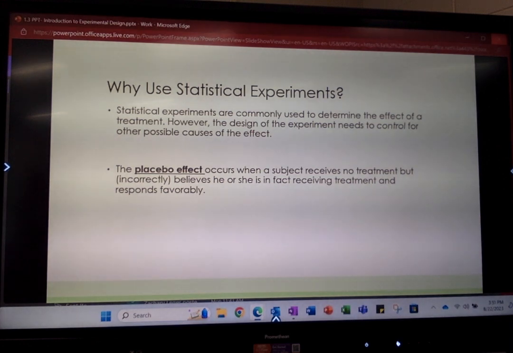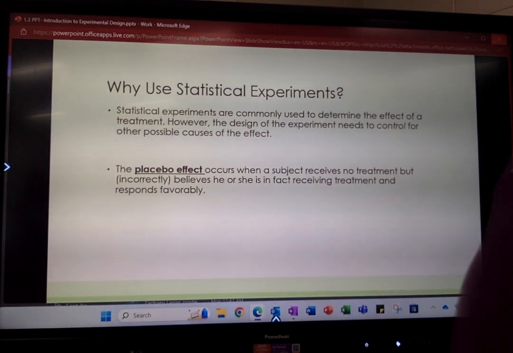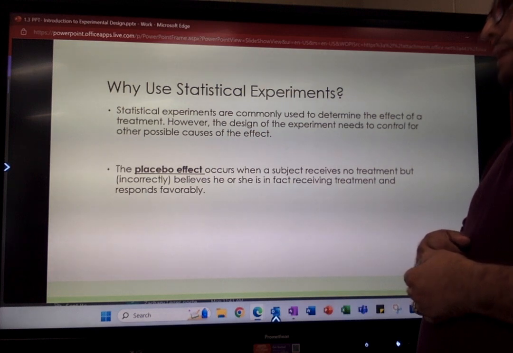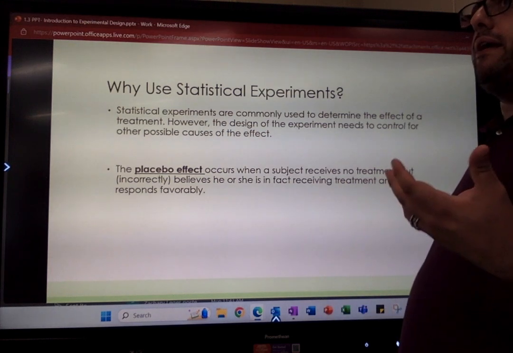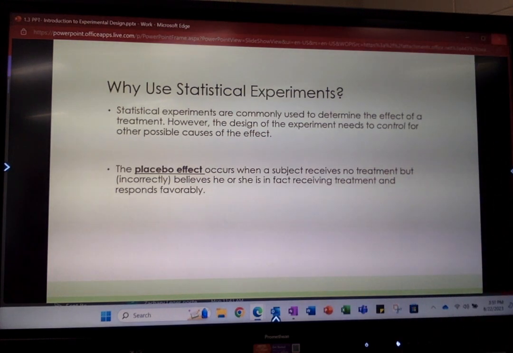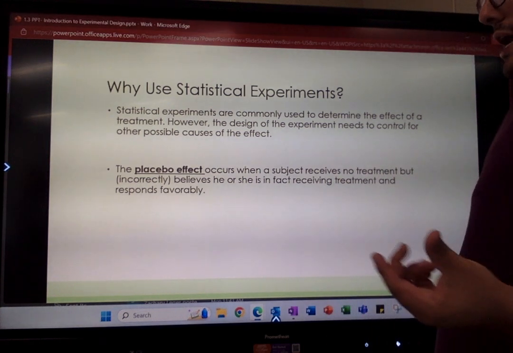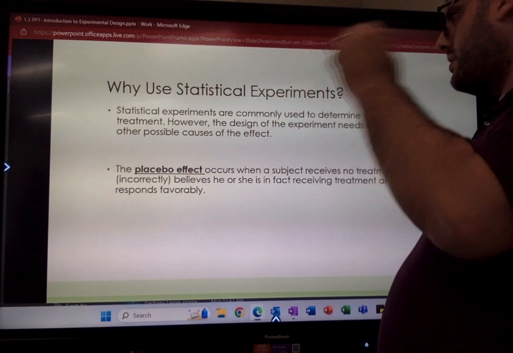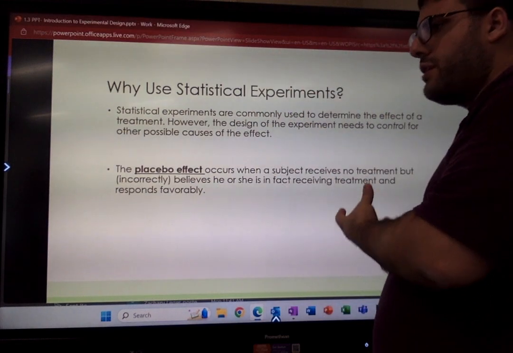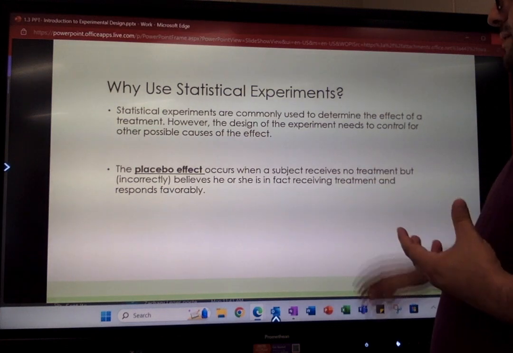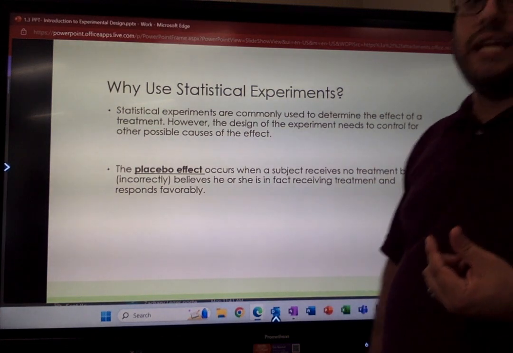A good example of a placebo effect is if you're conducting a study about FDA safety for a new medicine, right? So let's say the medicine comes in a pill, and you're going to have your treatment group and you have your control group. The control group would technically be the group that receives the placebo, meaning that they don't receive the actual medicine.